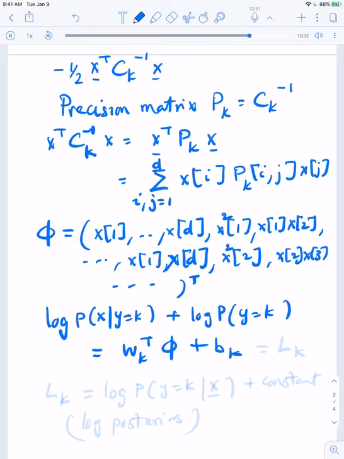And that's going to be our starting point for logistic regression.